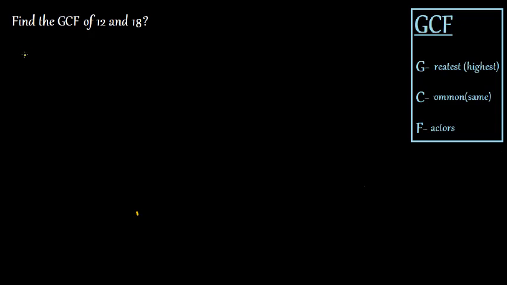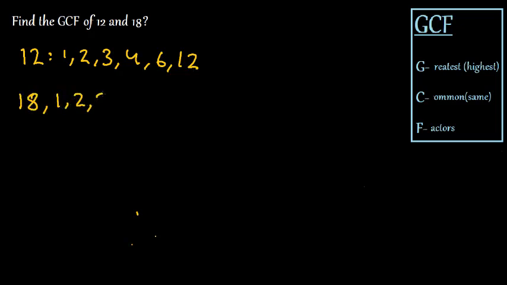We would list out the factors of 12 first, and I know the factors of 12 are 1, 2, 3, 4, 6, and 12. Then I would list the factors of 18. I know the factors of 18 are 1, 2, 3, 6, 9, and 18.